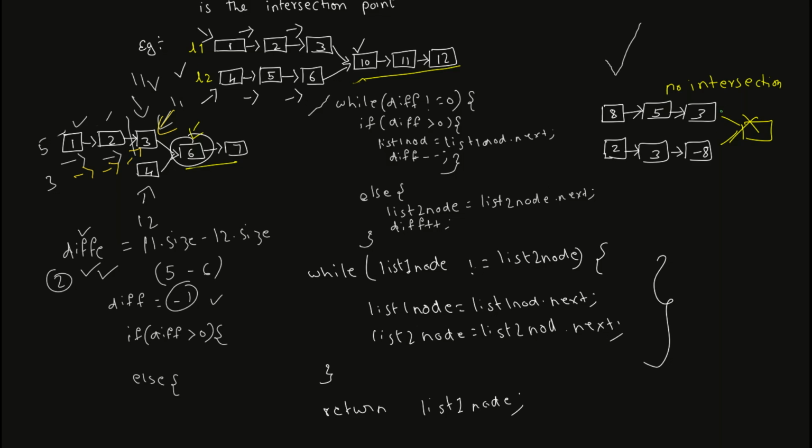The end of both lists will be null. When the list1 and list2 nodes become null, this while loop will break, since null not equals null is false, and it will return null. So our code will also work for this case, since we also need to return null if no intersection node was found.